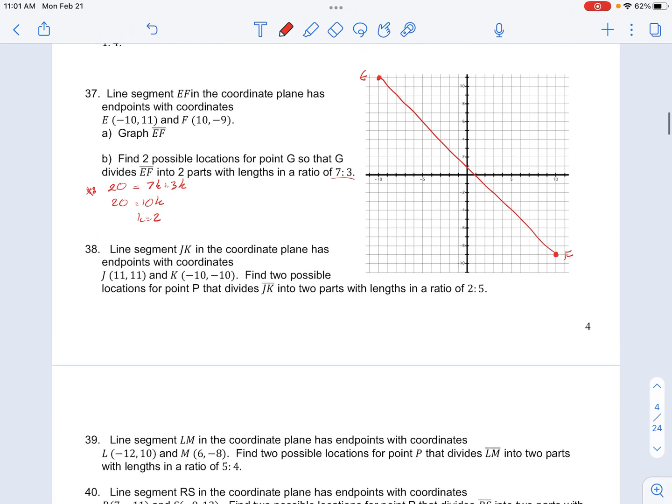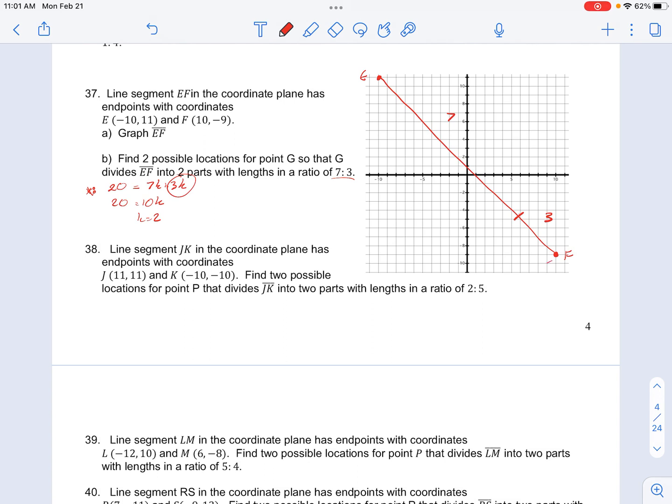So if we want to first go ahead and say that from F, if we want to separate this into the segment as 3 and the segment as 7, from F, we're going to look at the 3k segment. So that'll be 3 times k, which is 2, so it'll be 6.